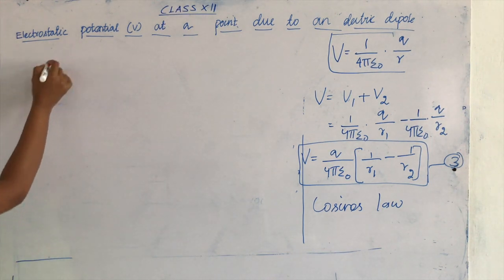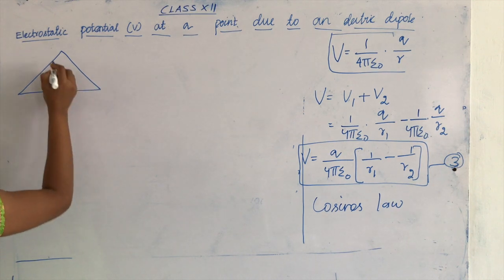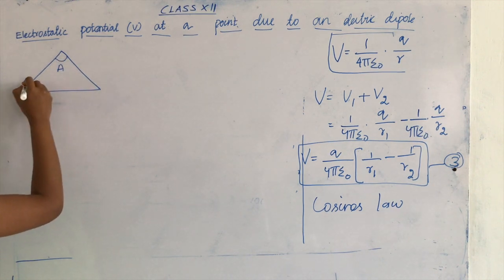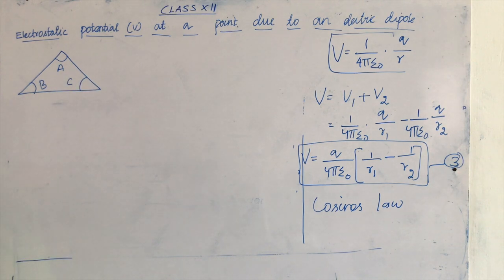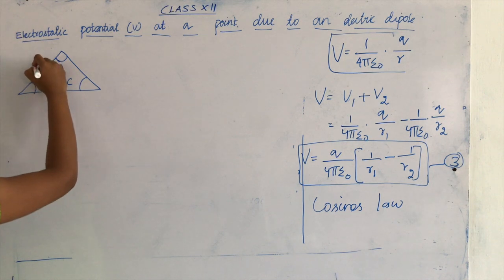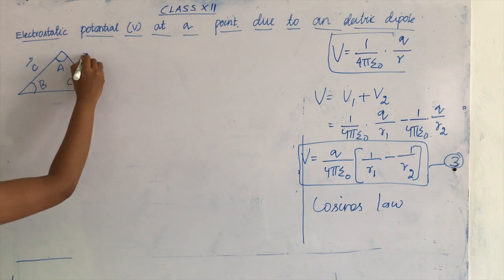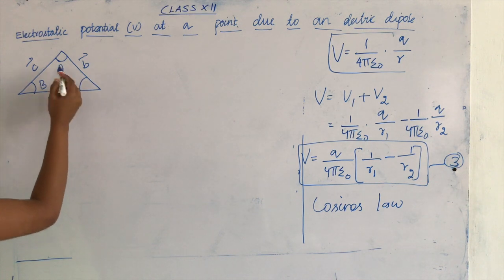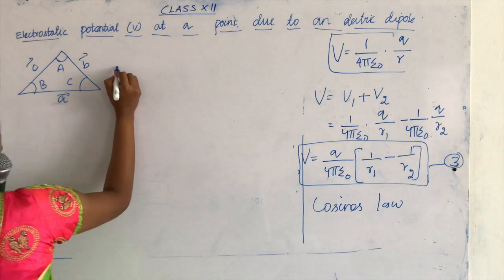Now, the cosine formula is: take a triangle with angles A, B and C. The side opposite is denoted by the small letter A. Now, what will be the formula?